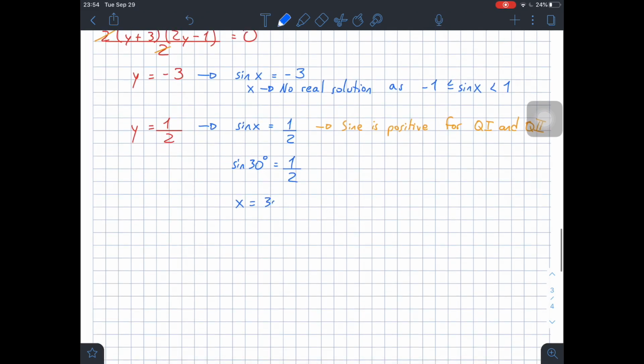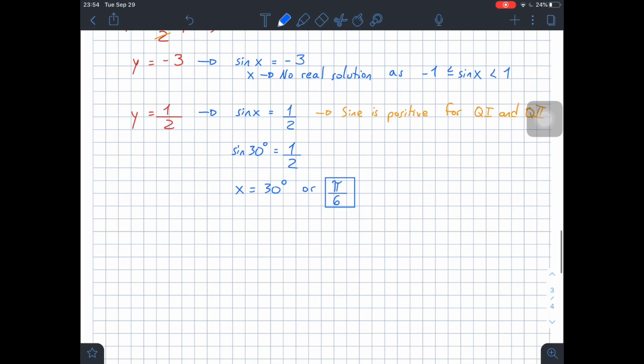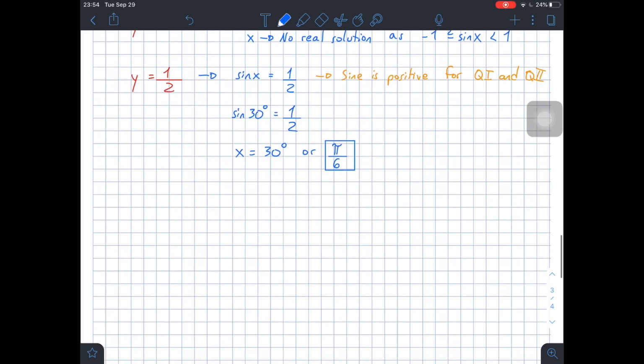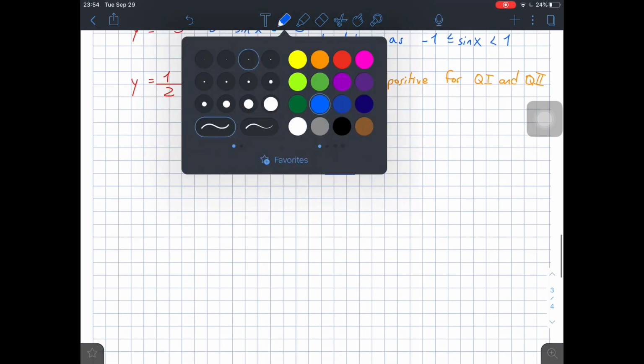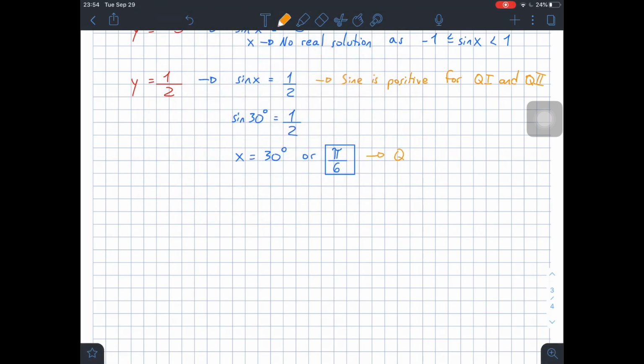So 30 degrees, if we write this in radians, is pi over 6. So this would be one possible result. I'm only framing the angle in radians because our domain is given in radians. Okay, so this is the answer for Q1.